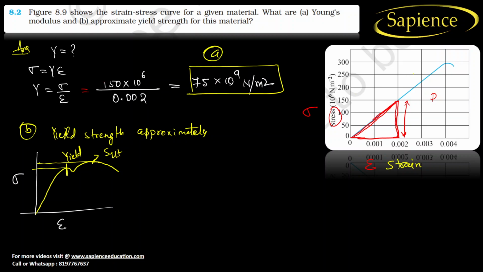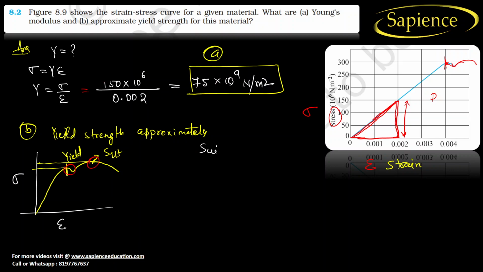In the figure they have not given further points, so we can say that approximately the yield strength and ultimate strength are at the same point. It may happen that both points collide. So if both points collide, then what will happen?